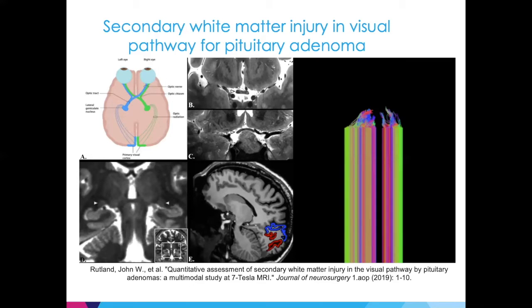But we found that in assessing the entire optic apparatus, this is work by Jack Rutland, when you look at the thickness of the optic chiasm through the structural imaging, the cortical thickness of the visual cortex, but also the diffusion tractography of the optic tracts and the radiations, and look at the FA and MD along those tracks.